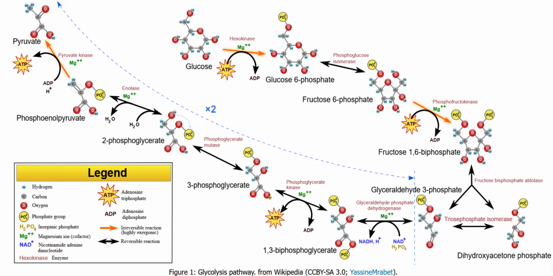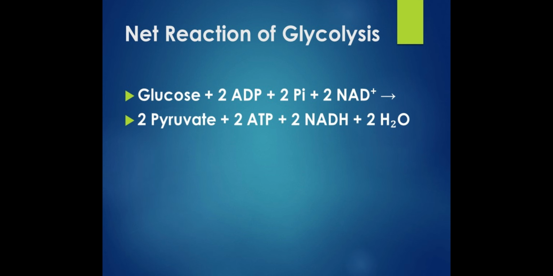So let's quickly look at the net reaction of glycolysis. So the overall reaction for the conversion of one molecule of glucose into pyruvate involves glucose being the molecule that enters glycolysis.